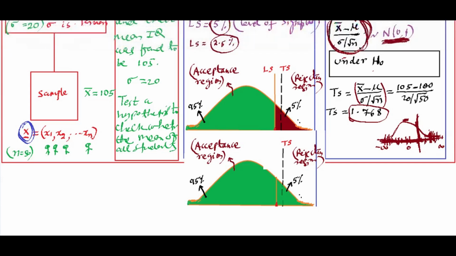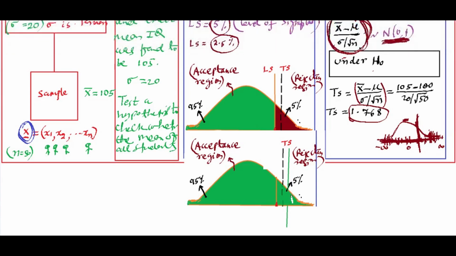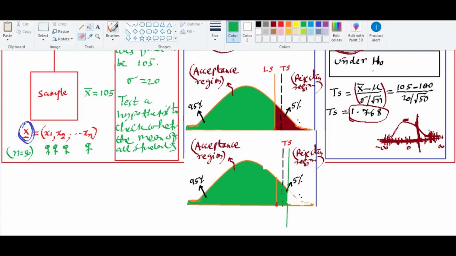See, the LS line will change because LS will come this side now. And this will be your margin now. This is the margin, which means this is your rejection region.